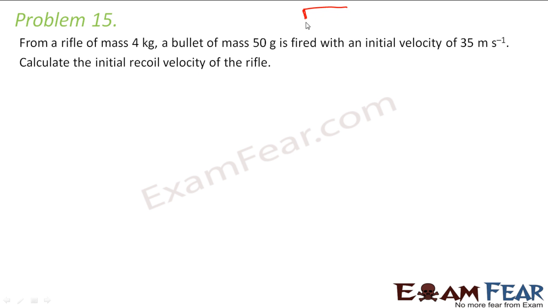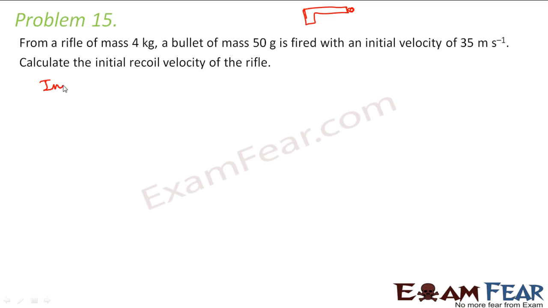Initially, let us suppose this is your rifle and this is the bullet. So initially both the rifle and the bullet are at rest. But in this problem it says that it is moving with an initial velocity of 35 meters per second. That means as soon as you pull the trigger, the velocity with which the bullet moves is 35 meters per second, right?